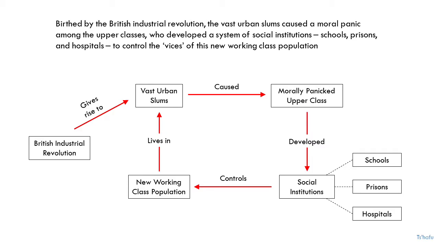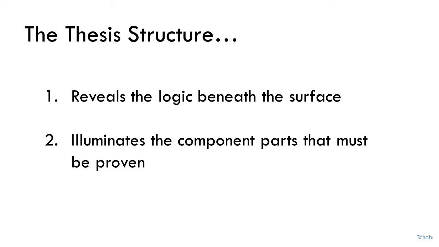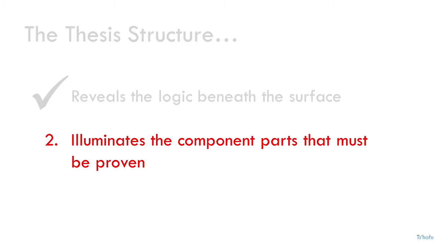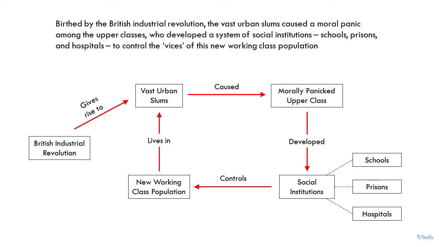So here we have it, British Industrial Revolution and all of its relationships. So now what have we done? Well, we've successfully revealed the logic underneath the surface, which is great. Now let's move on to the second, and that is, let's illuminate the component parts that must be proven. So here we have the thesis again. Right? You can see the various objects and relations.